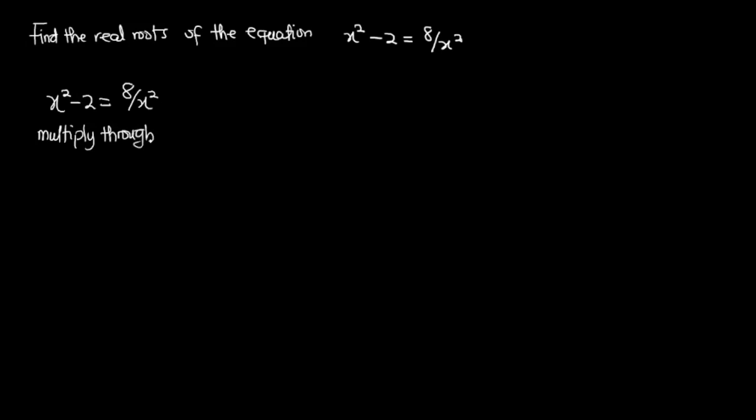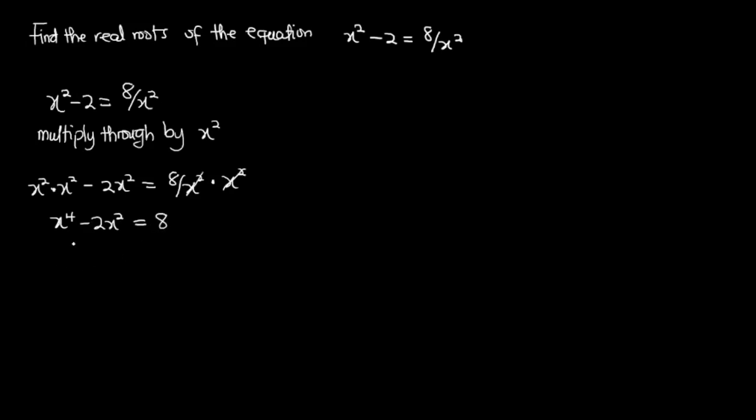So if I do that, I'm going to have x squared multiplied by x squared minus 2 multiplied by x squared is equal to 8 on x squared multiplied by x squared. So x squared multiplied by x squared will give me x power 4 minus 2x squared is equal to this, we cancel this, so it's equal to 8. So I can rewrite this equation as x power 4 minus 2x squared minus 8 is equal to 0.